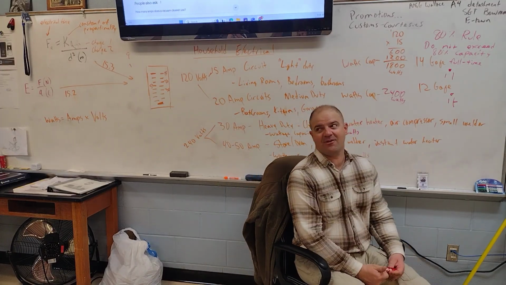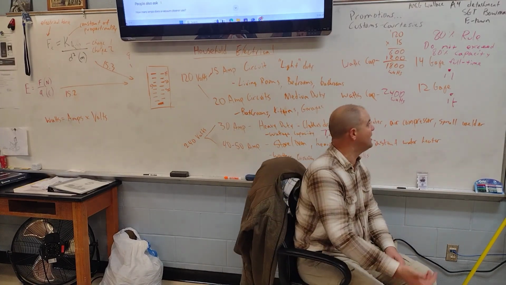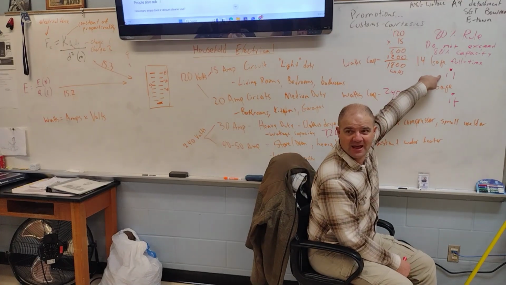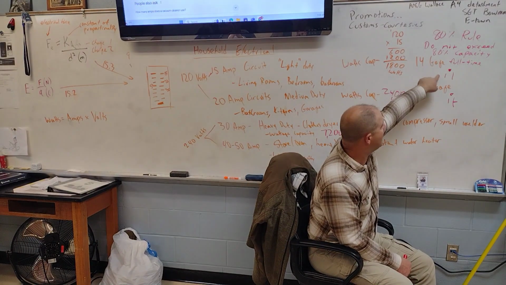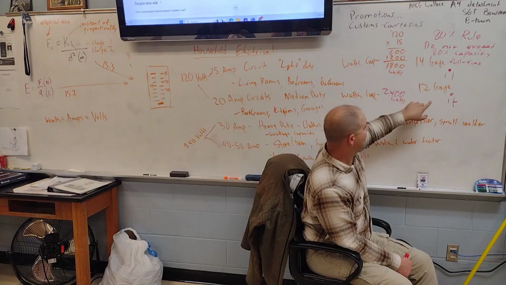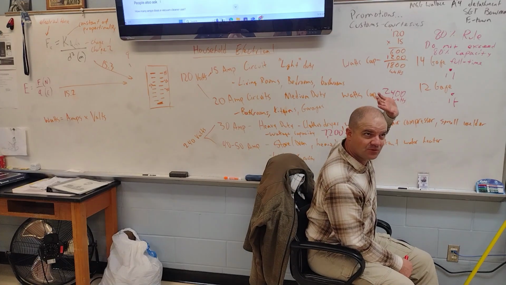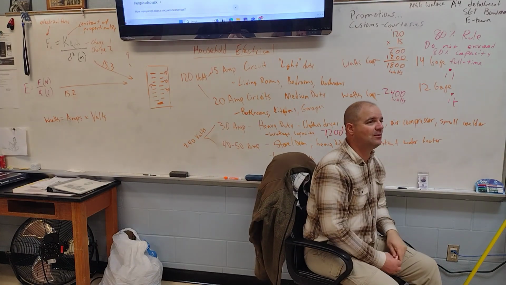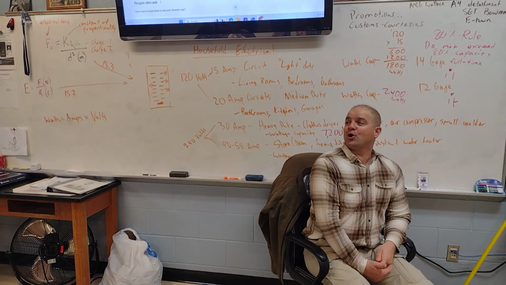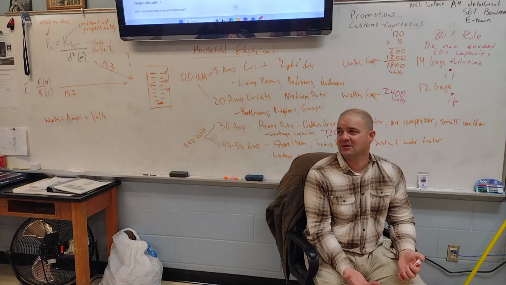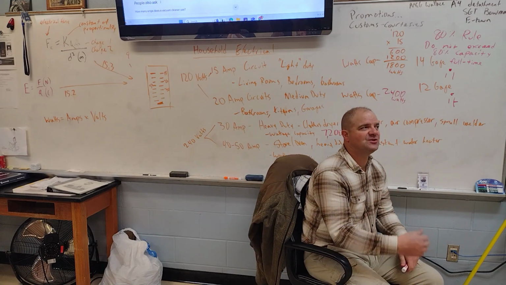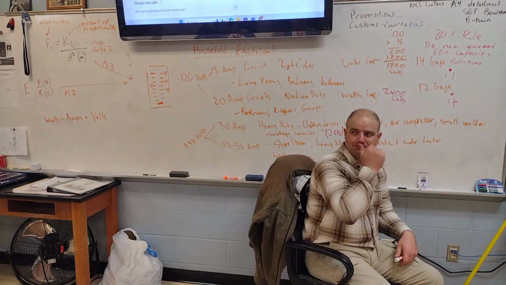Now, have I ever seen someone that put a 15 amp outlet on a 20 amp line? Yes, I've seen that. That's not great. But it won't cause you really any problems because you won't be able to plug a 20 amp thing into that. Okay?